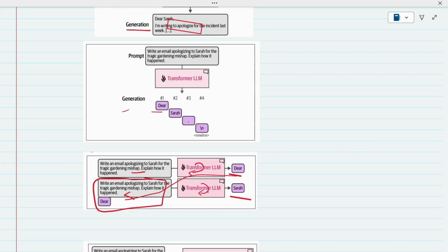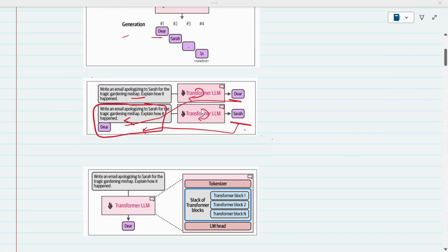Then this word also goes to the transformer for processing, and this step continues until the last token is generated. Now we will see what is actually inside the transformer block, how it processes all those things, and how it generates human-like text.